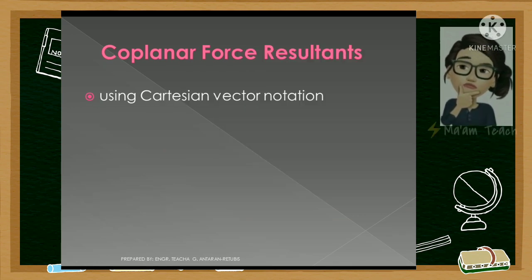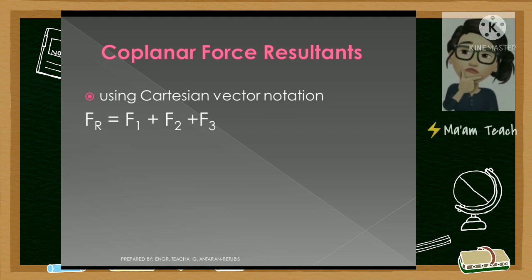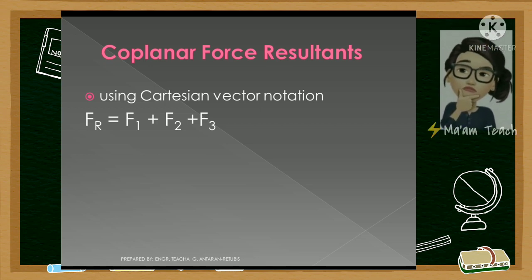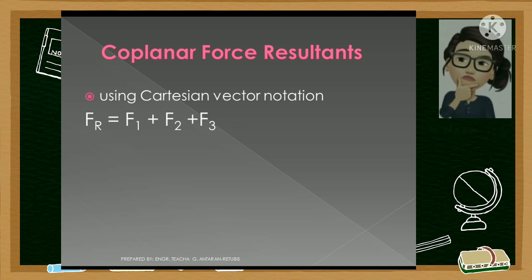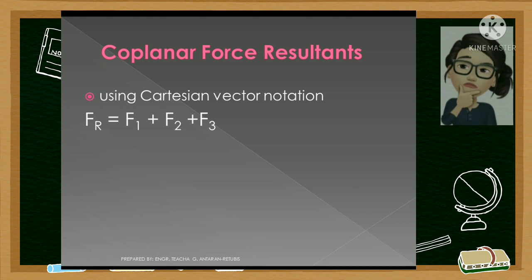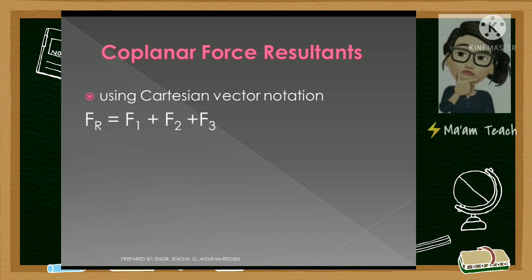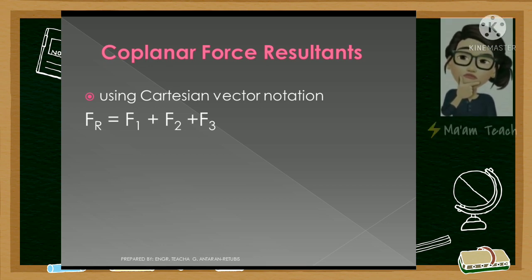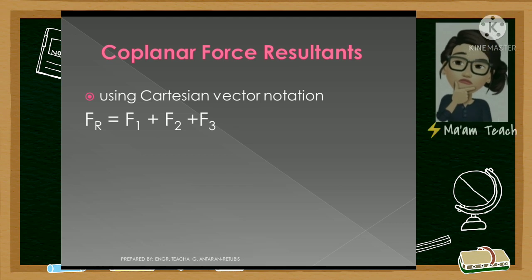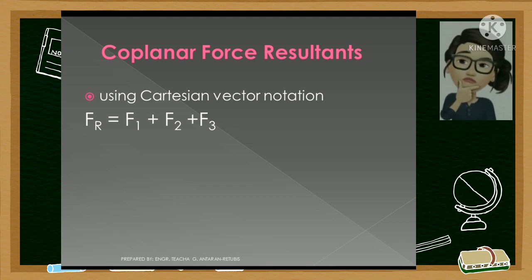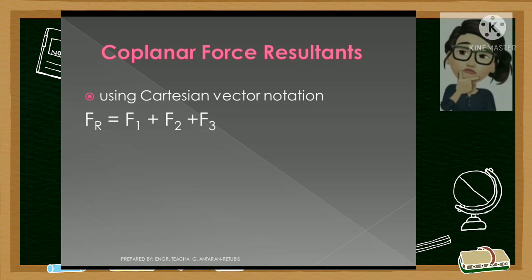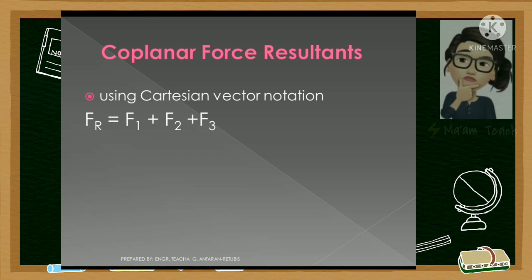Now here, class, since we have already expressed the forces in Cartesian vector notation, in order for us to solve for the resultant, we simply apply vector addition. Since we are adding vectors, we cannot just simply have F sub 1 plus F sub 2 plus F sub 3. No. Recall that we are adding vectorially, which means that whatever the values, it will not automatically be 1 plus 1 equals 2.